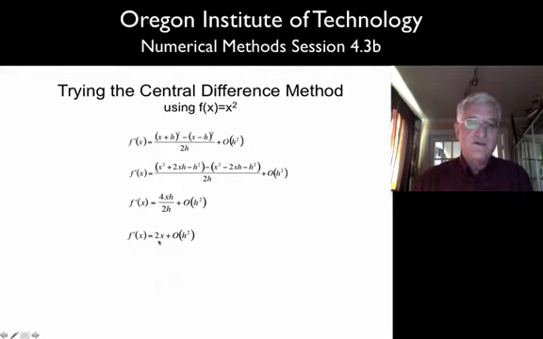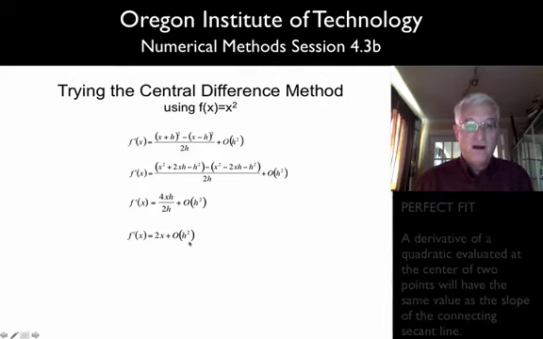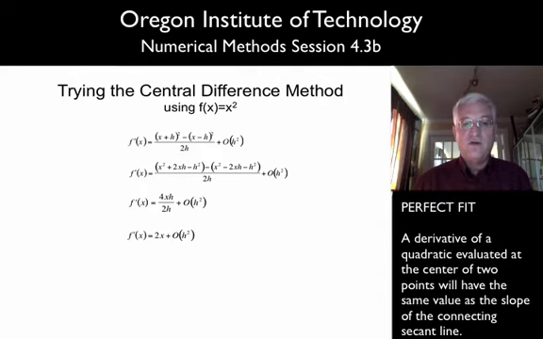We came out of this with an exact result, no error whatsoever. Well, why did that happen? That happens because when you really do have a polynomial of order 2, an O of h squared algorithm will get rid of all the error, not just some of it. It gets rid of the whole thing.